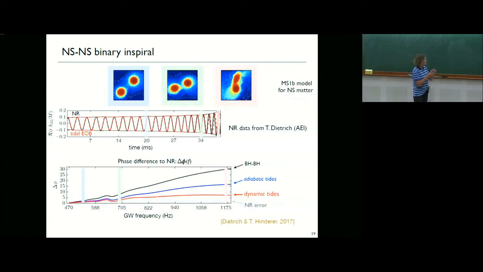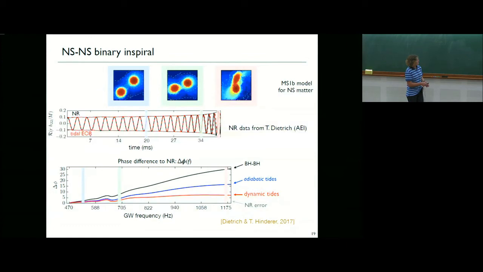There are already parts of the upper layers starting to come into contact. So this is roughly the point after which our models start to not work so well, because the cores of the neutron stars are still fairly compact, and they keep on moving through the material that used to be the outer layers of the neutron star until they finally collide and merge.